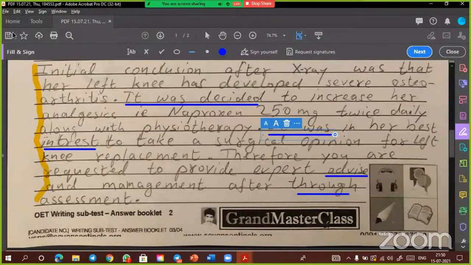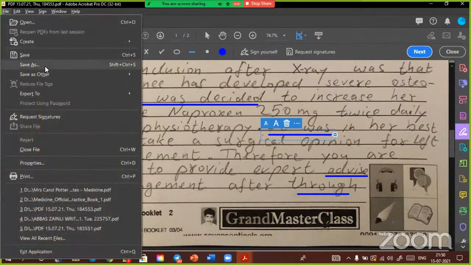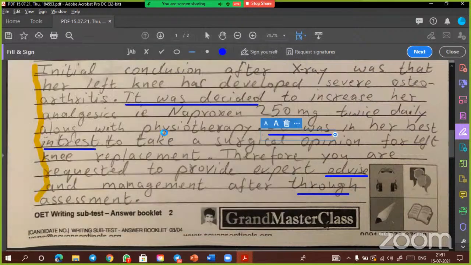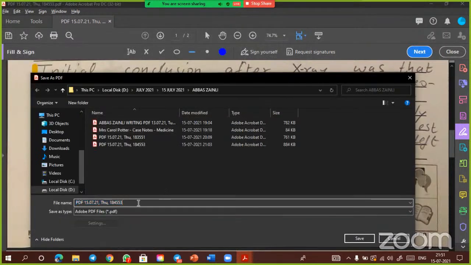File, save as Abbas Zainli. This is feedback. Porter feedback.